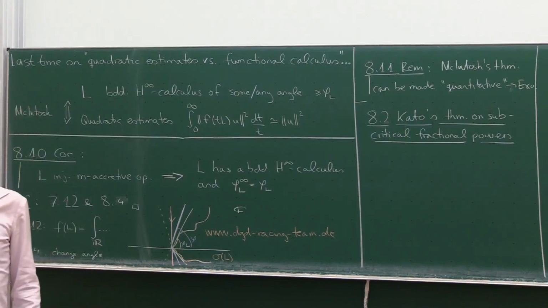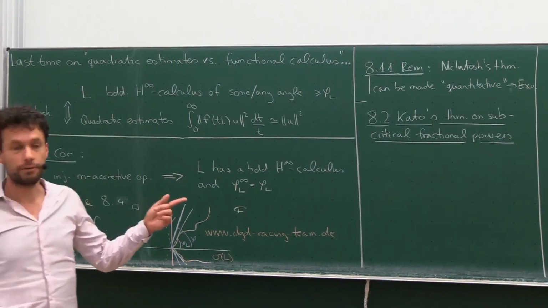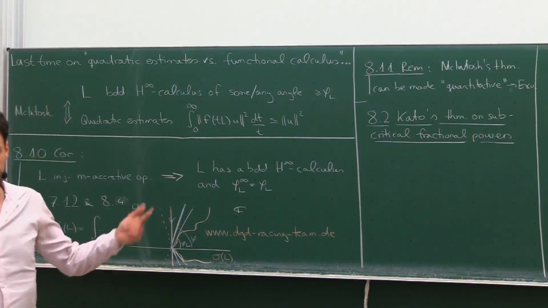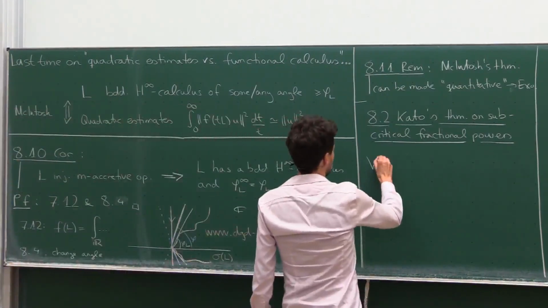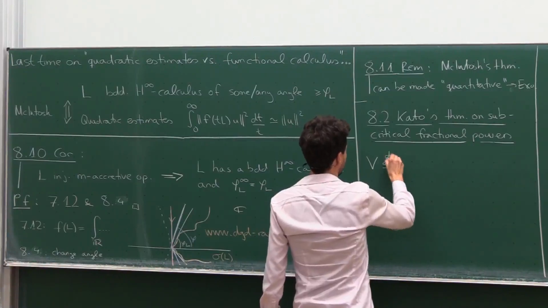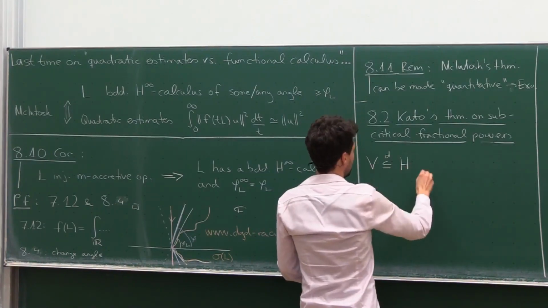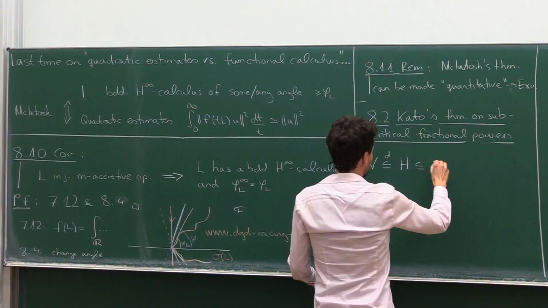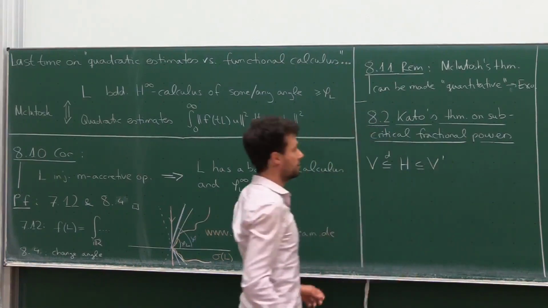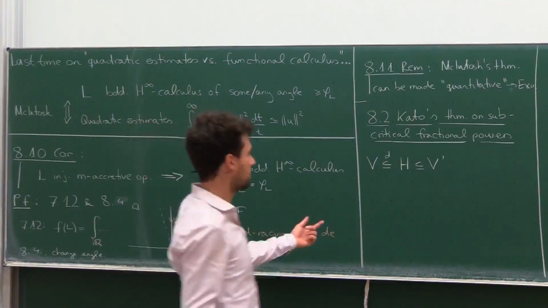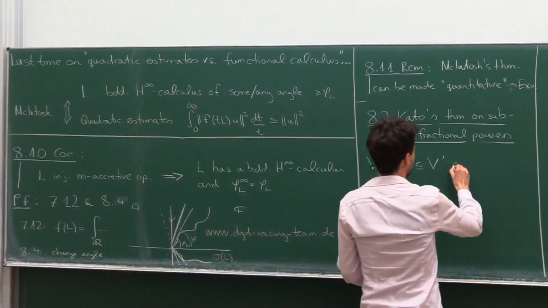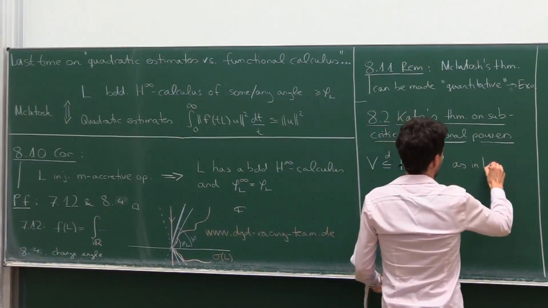Kato is a mathematician, you know, from lecture 6. Fractional powers, you know. Subcritical is going to become clear at the end. The setup for this part is like in lecture 2. There's this Gelfand triple: V, a Hilbert space, continuously and densely embedded into our standing Hilbert space H, and then there's the dual V prime, as in lecture 2.